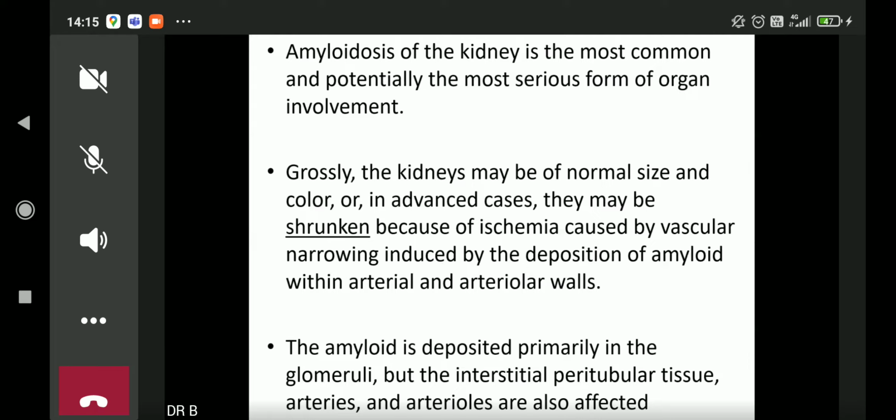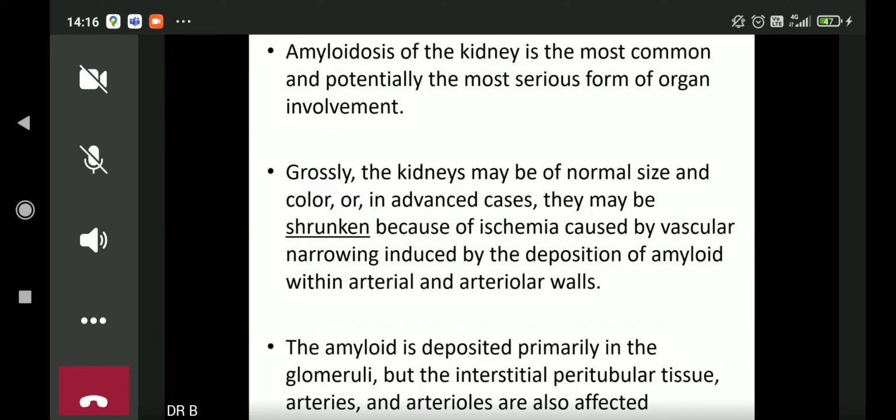Now, I would like to emphasize here that when you get an amyloid gross specimen, which will be taken in tutorial, it will be asked whether the amyloid kidney is enlarged or shrunken. So the answer to this, for that matter for any organ, is that if the stage of amyloidosis is initial, the organ size may not vary, it might be normal.